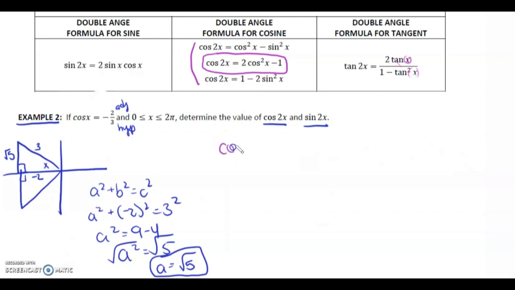But if we say, okay, cos of 2x is going to be 2 cos squared x minus 1, here's the thing. 2 times, well, what's cos x? Because cos x, we're going to put in the ratio, and then we're going to square it, and then subtract 1. Well, we already have that ratio straight from the question.